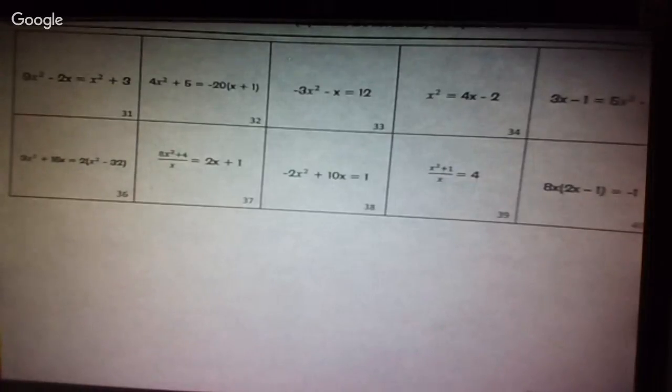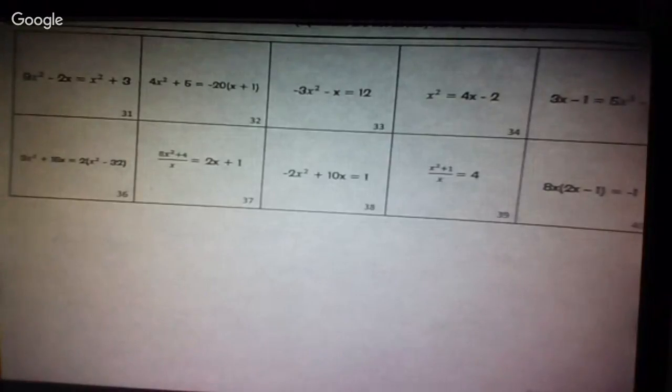Remember, your 3 is not an x term, nor is it an x squared term, so it doesn't go with anything. So now you plug it in to b squared minus 4ac. So negative 2 is my b, minus 4 times 8, and my c value is negative 3. So let's see, this becomes 4, plus 32 times 3 is 96, that's going to give you 100.